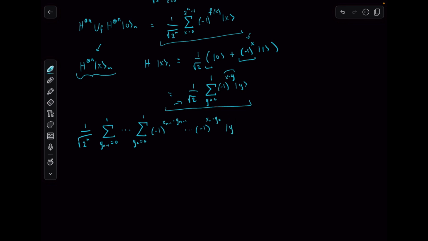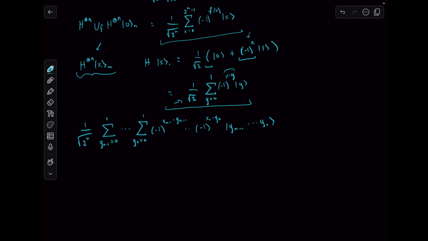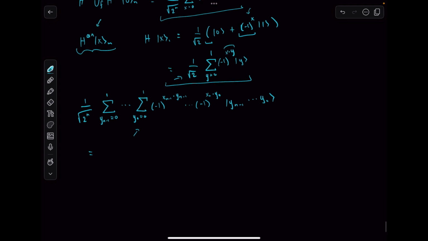And then we have this tensor product, which just ends up being our current binary string that we're on. And if we're cycling through each binary value for each bit of y, this is actually just the same thing as a sum over the total y that represents the whole bit string, from y equal to 0 to 2 to the n-1.